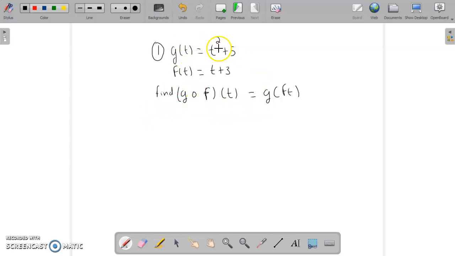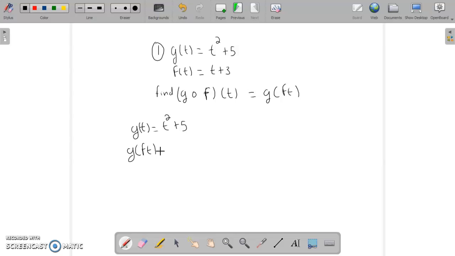So let's begin. So you have G of T. So G of T equals T squared plus 5. And the rule now is G parentheses F of T, right?